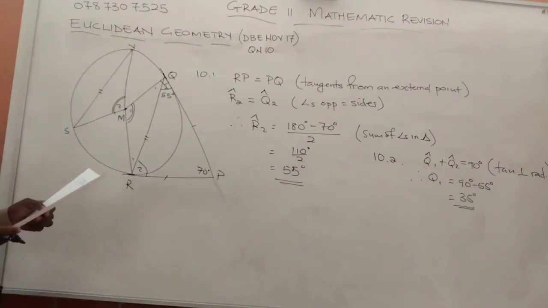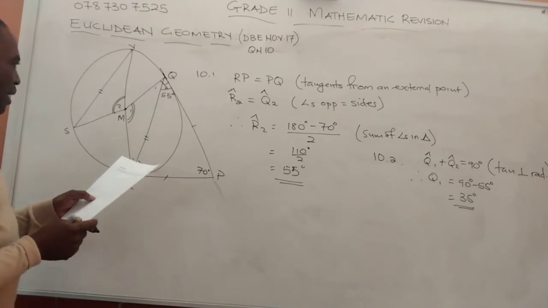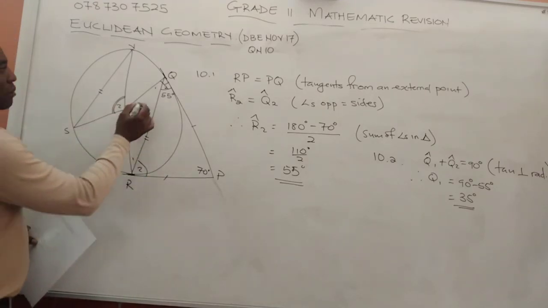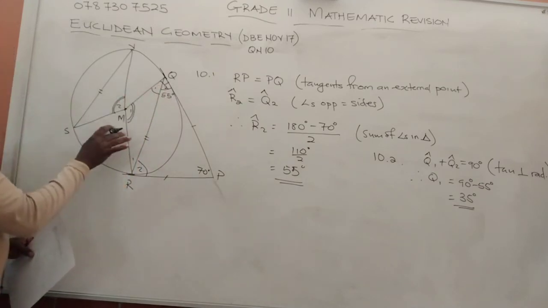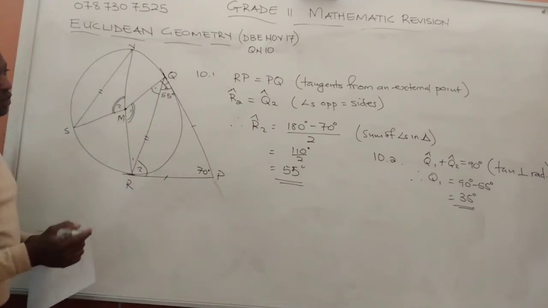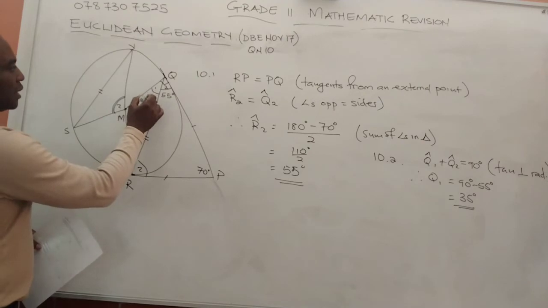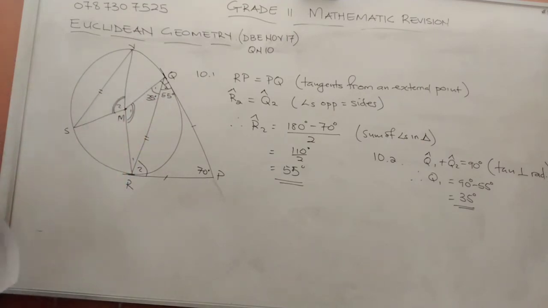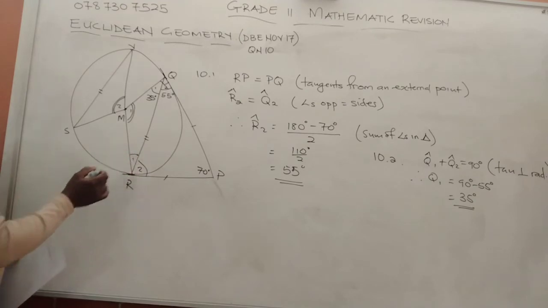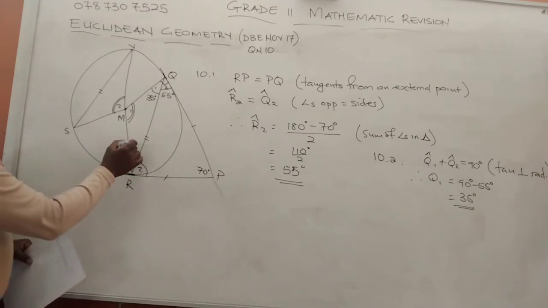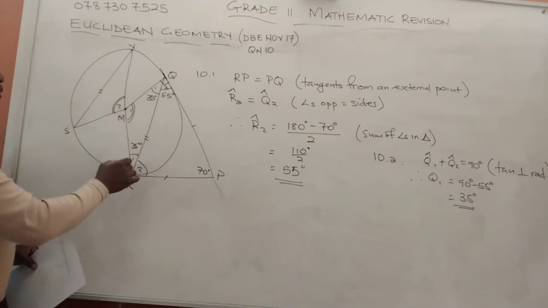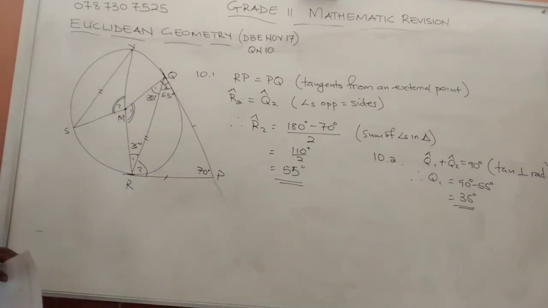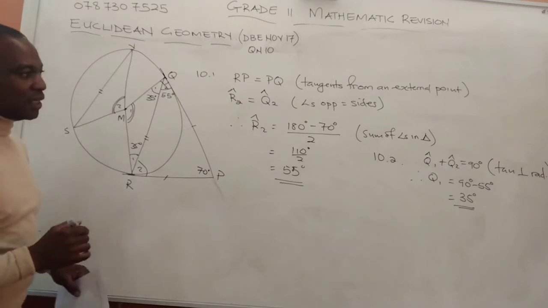And then moving on, we need the angle M2. We have already said M2 is equal to M1. So since the angles are on the side of M1, we have to calculate M1 first. So we know that angle Q1 is 35 degrees. And we also know that angle R1 is 35 degrees because MQ and MR are both radii of that circle.